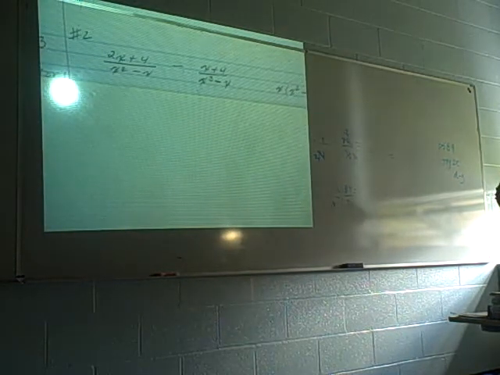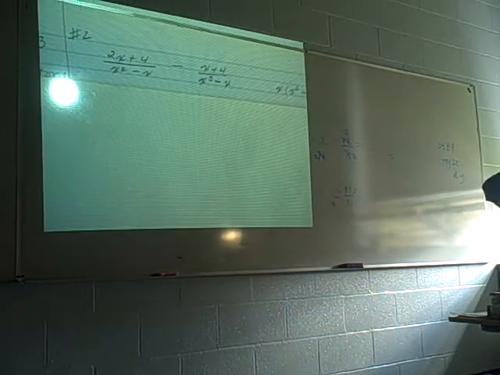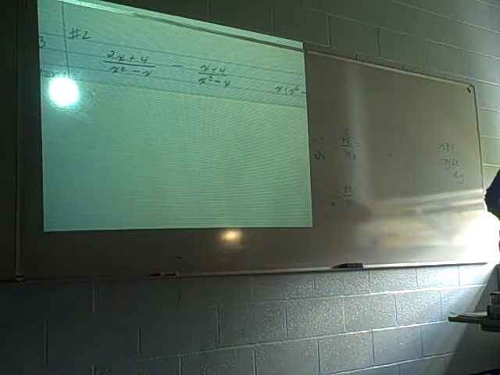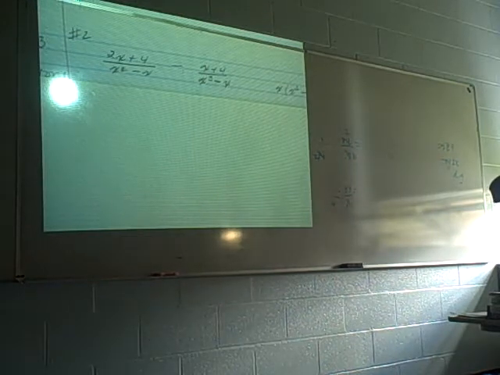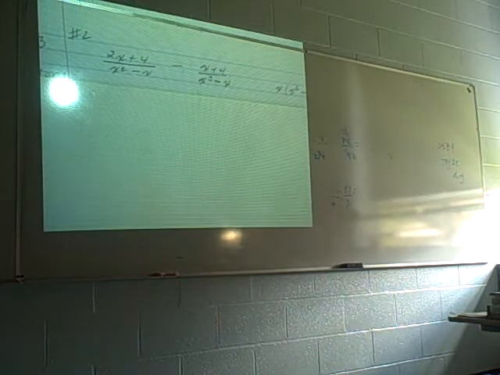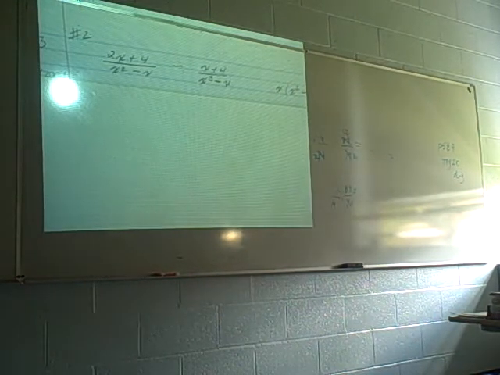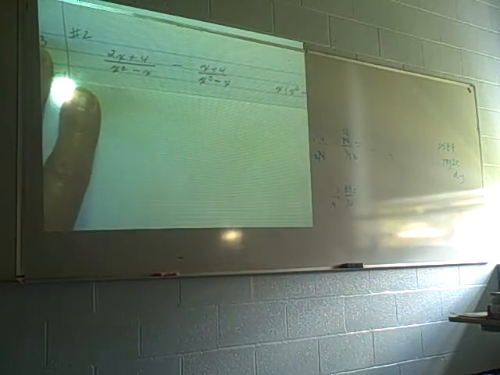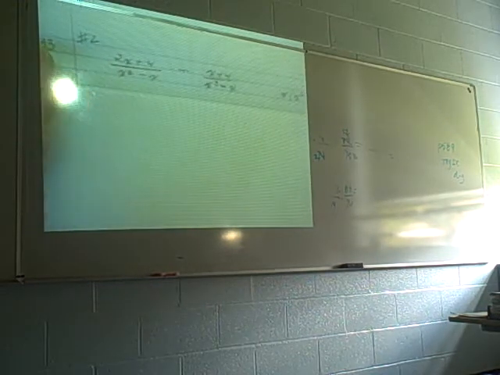Is this 2x plus 4 over x squared minus x, and that's minus x plus 4 over x cubed minus x. Okay, so what am I going to try to do? Step number 1, factor. Does anything jump out at you?